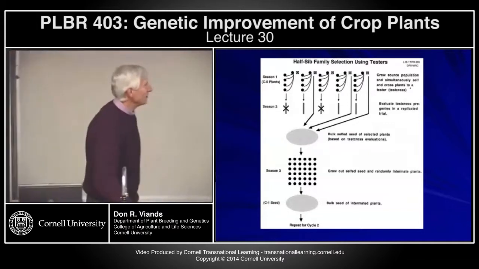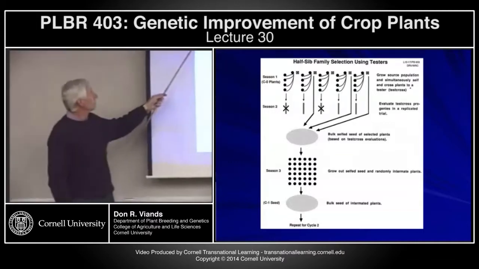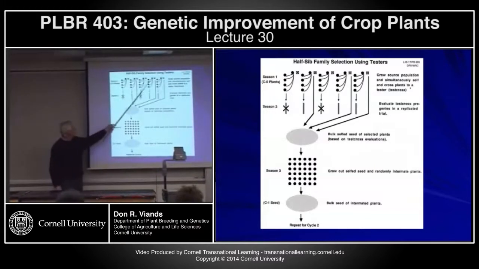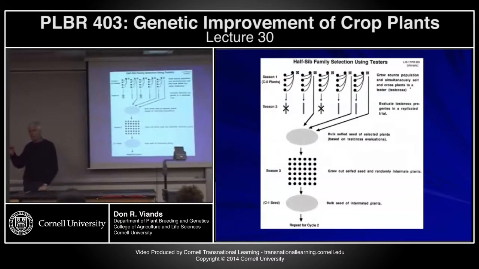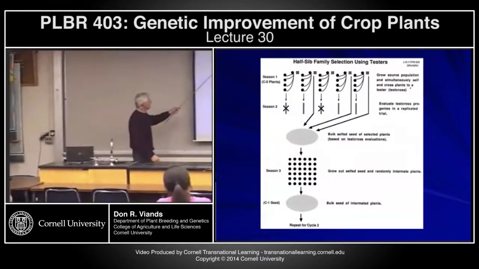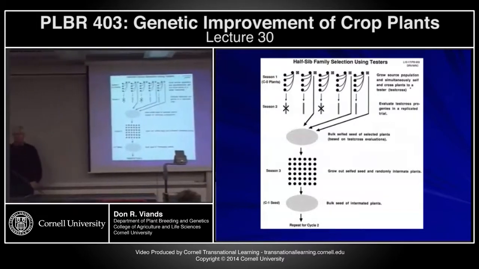So here's how the method works. The schematic is a little confusing. These dots up here that have the circled X's by them are the plants from the target population, the population that you want to improve. These rows of 4 that are vertical are the tester population.